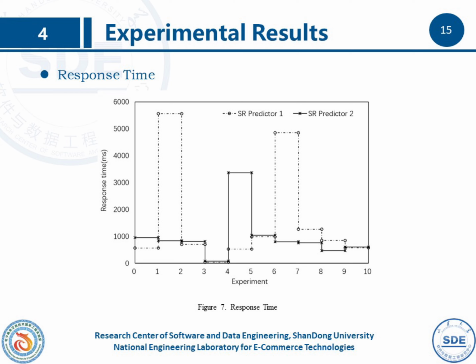They are concurrent users with workloads of 5,300, 7,000, and 8,200, respectively. By analyzing these experimental results, it can be observed that workloads not meeting the performance requirements with SR predictor 1 concentrate on concurrent users with workloads greater than 5,000.